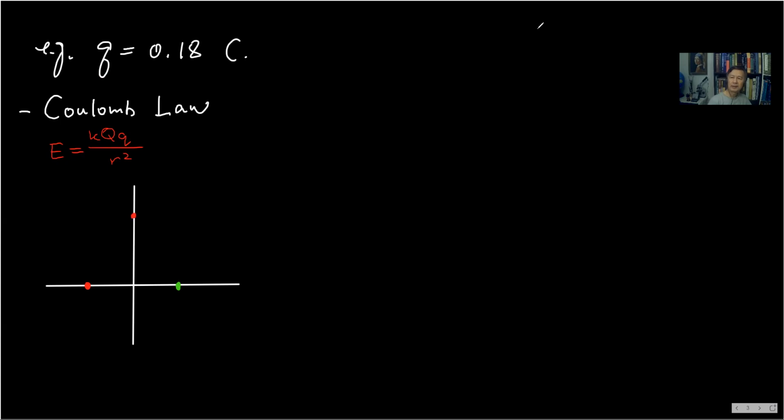Just make sure you have done this before. So this is a positive q, this is a negative q, and this is a capital Q. Can you work out the force acting on these two units? This is -1, 0, and this is +1. I'm talking coordinates. This is 2, this is 1. This is the y-axis, this is the x-axis. Can you work out the force acting on the Q? Can we try this one?